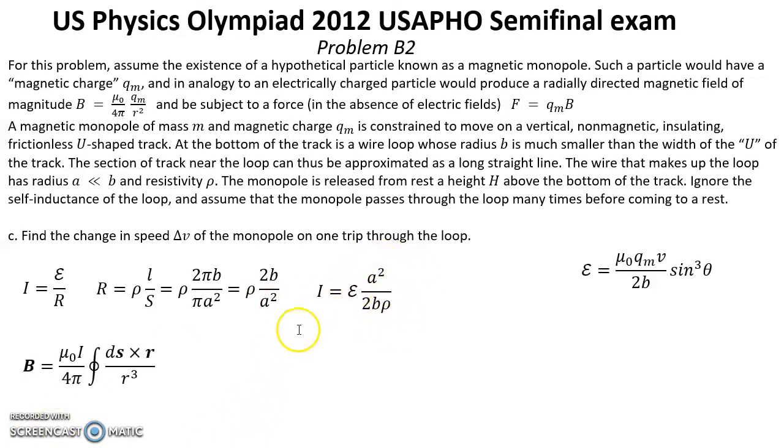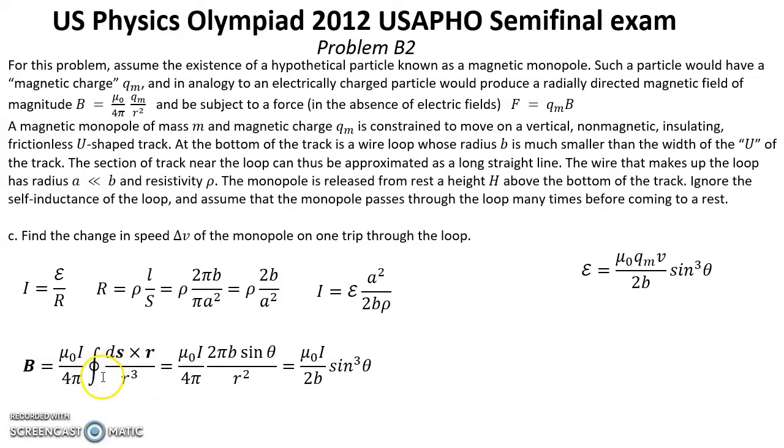After that we can count the magnetic field created by the current in this loop at the point of the magnetic monopole. There will be this expression, and we can count this integral.